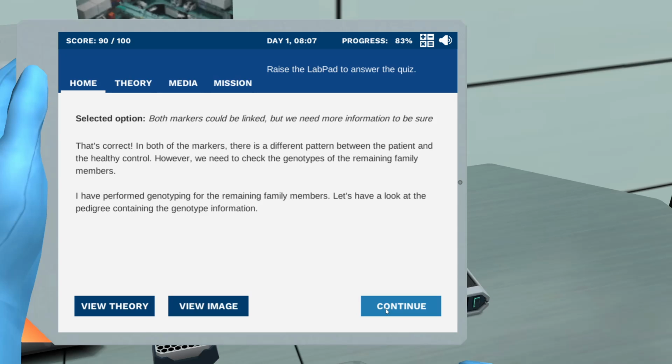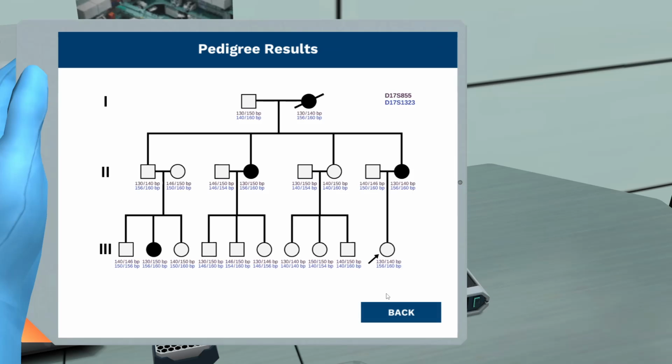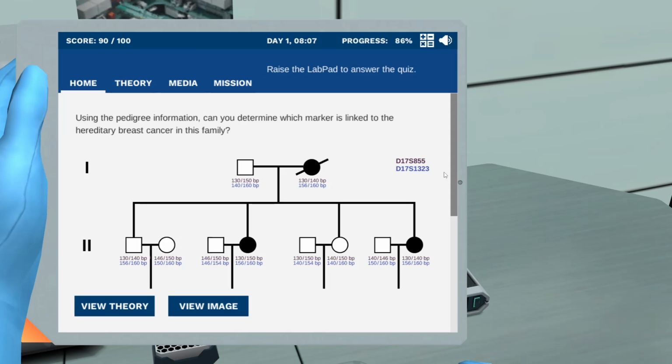However, we need to check the genotypes of the remaining family members. Using the pedigree information, can you determine which marker is linked to the hereditary breast cancer in this family?